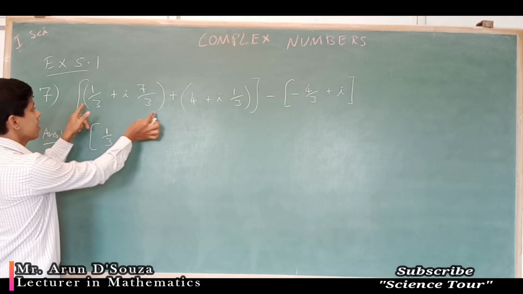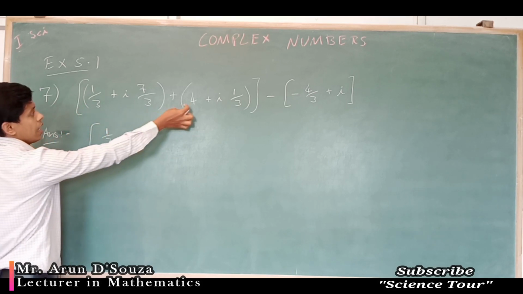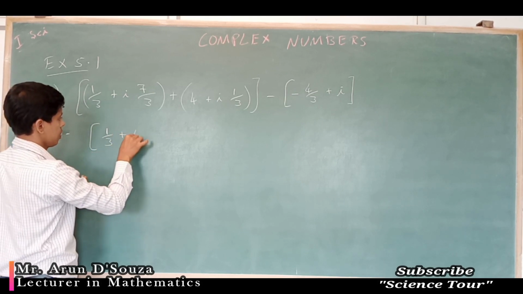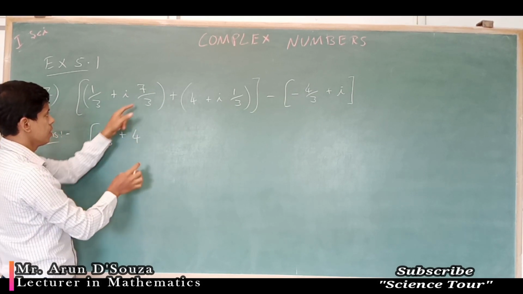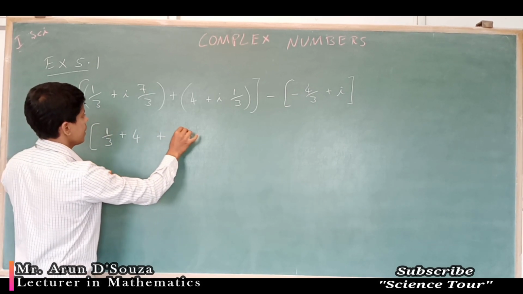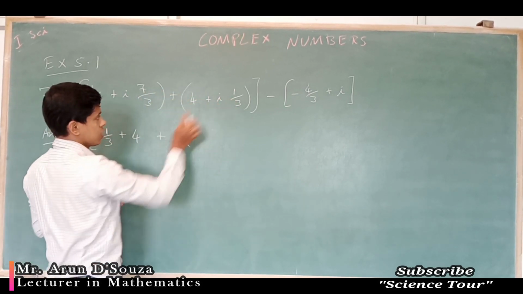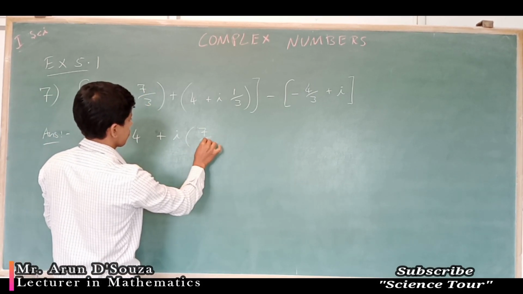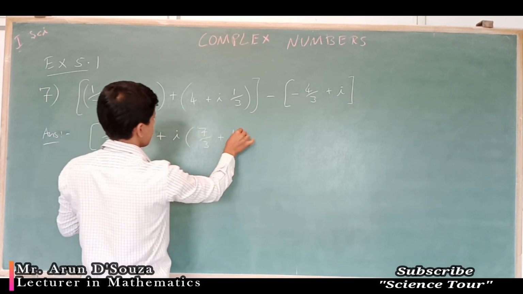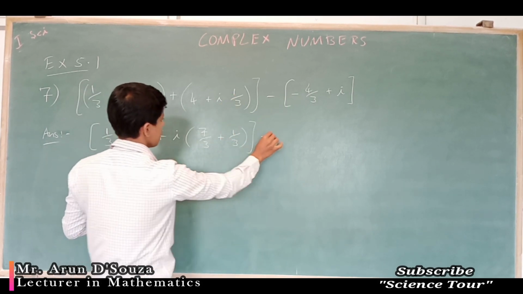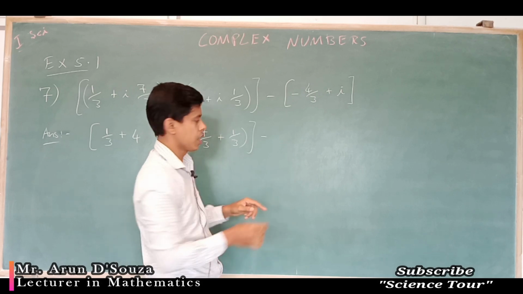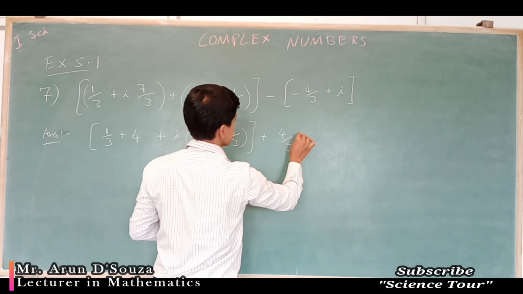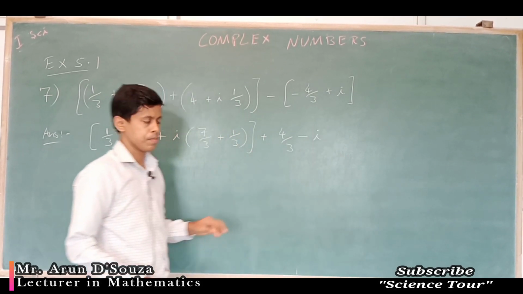So I am eliminating these brackets first, and I will write real parts together. Then I will take i common out of these two things. So 7 by 3 plus 1 by 3 here, minus, let's multiply, so that will be plus, and 4 by 3, so minus, this will be i.